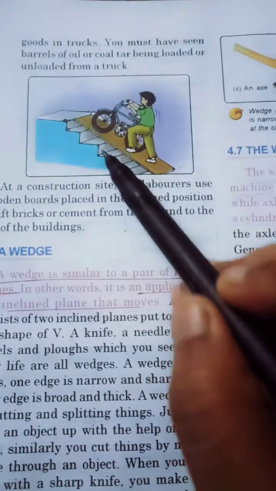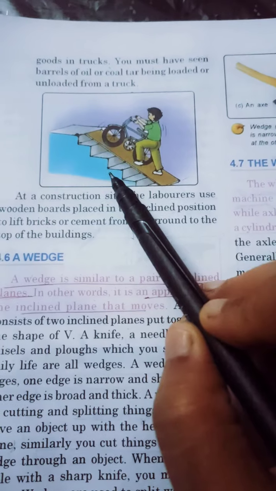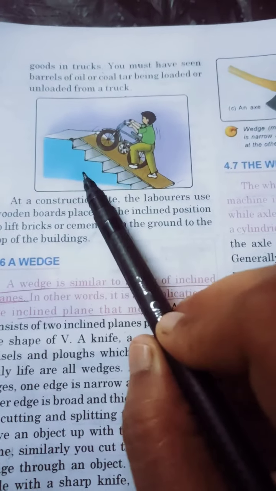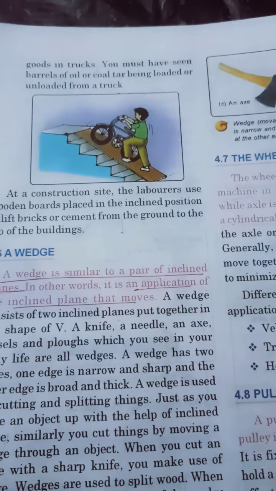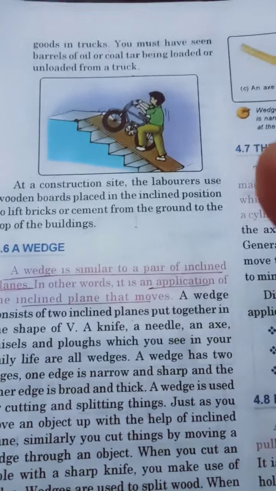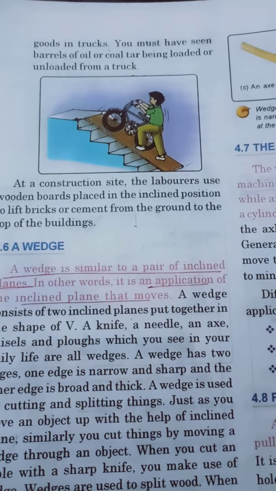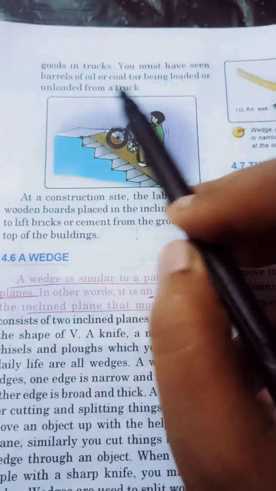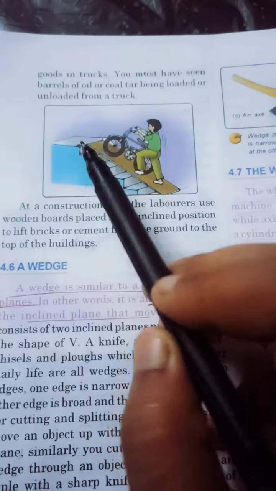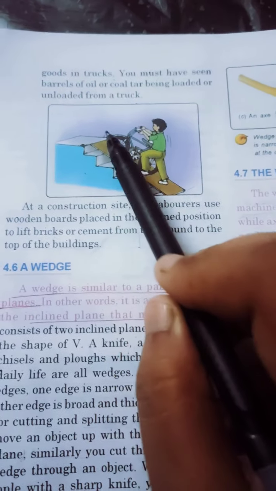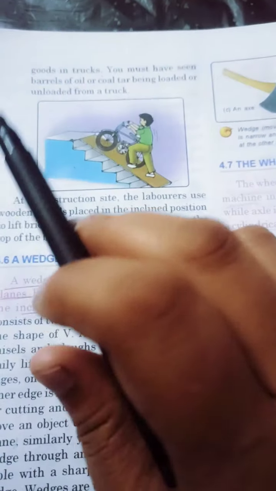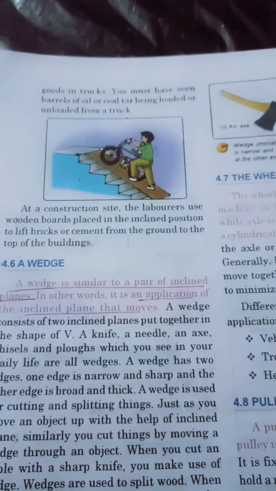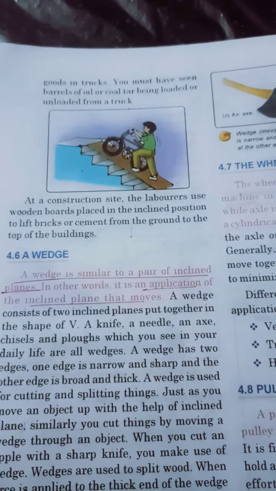Whenever they load something in a truck or somewhere else, they attach it. Then they can easily load and unload, which means to take the things out and bring something inside.